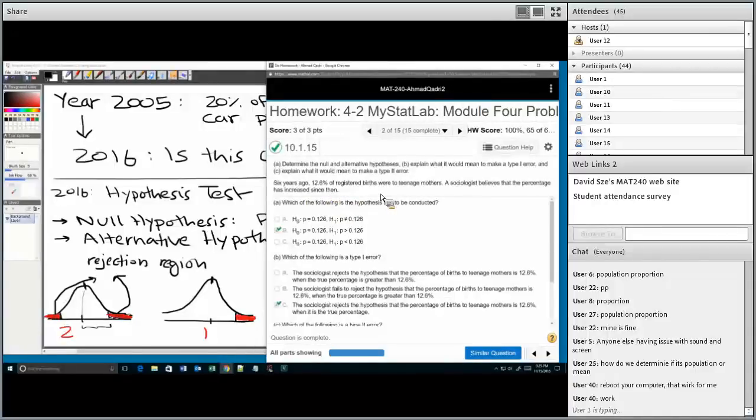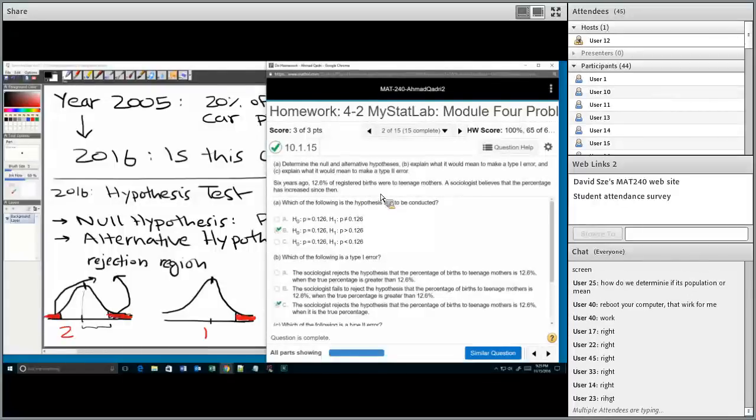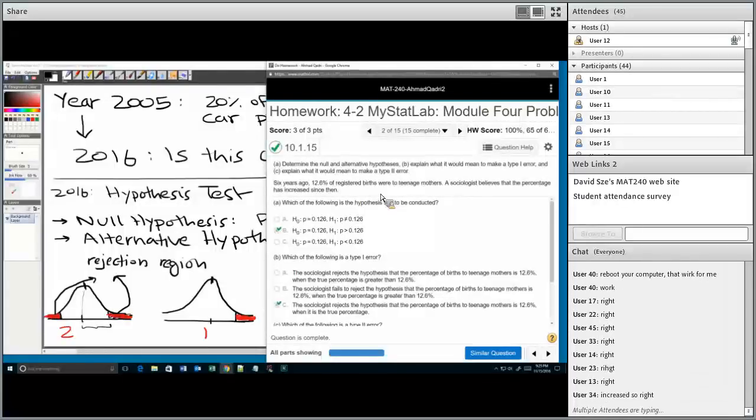So that's right. Now my question is, is this a right tail test, a left tail test, or a two tail test? It's a right tail test. Can you tell me why it's a right tail test?